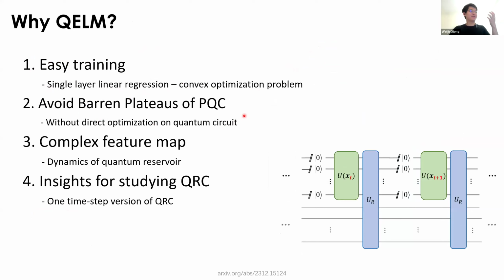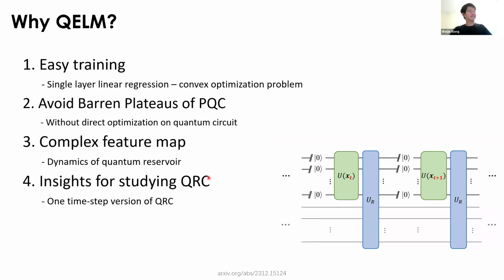The quantum part is not parameterized, so QELM can avoid the issue of barren plateaus. Another feature of QELM is the complex feature map due to quantum dynamics.